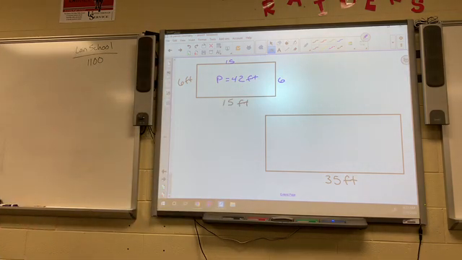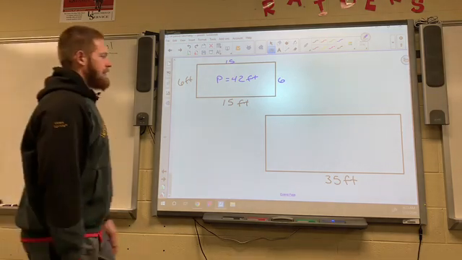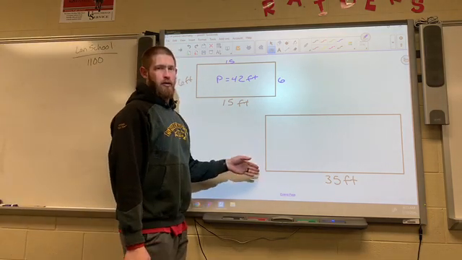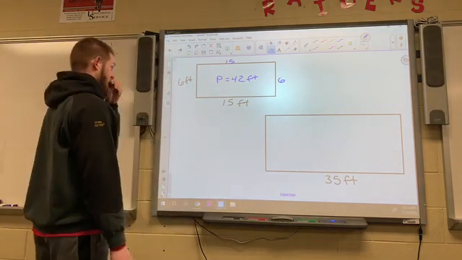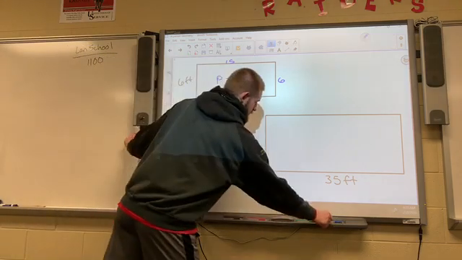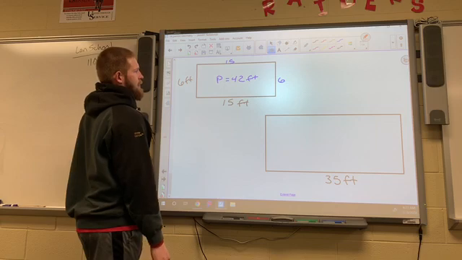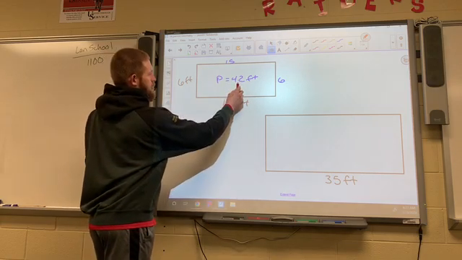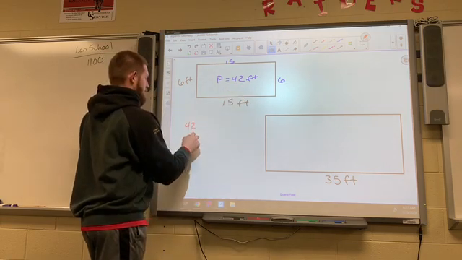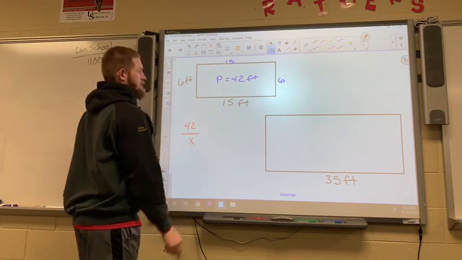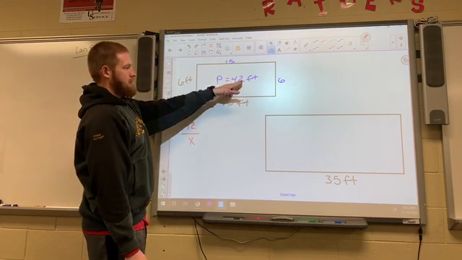Okay, so what this theorem is telling us is instead of going through the extra effort and finding the width here, which we don't really care about, all they want is the perimeter, I can set up a proportion that says 42 over x, because that's the perimeter of the small one.